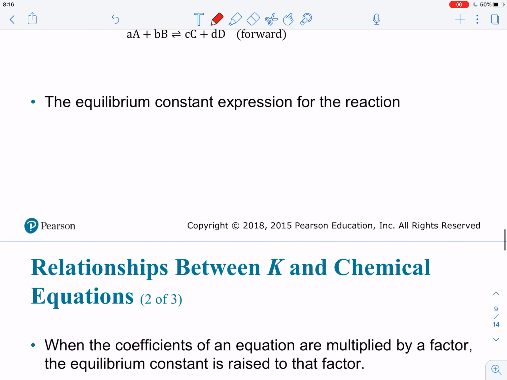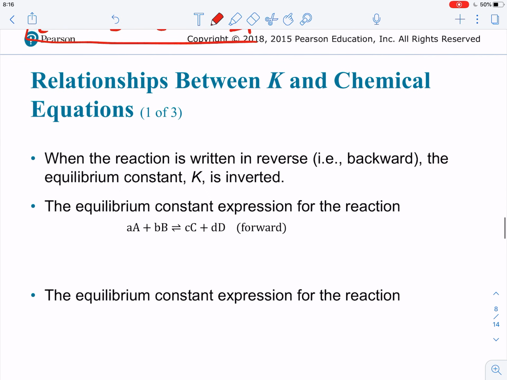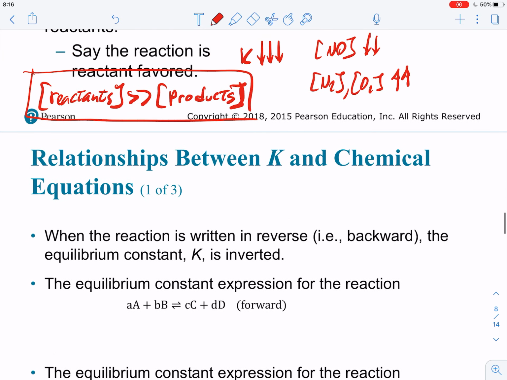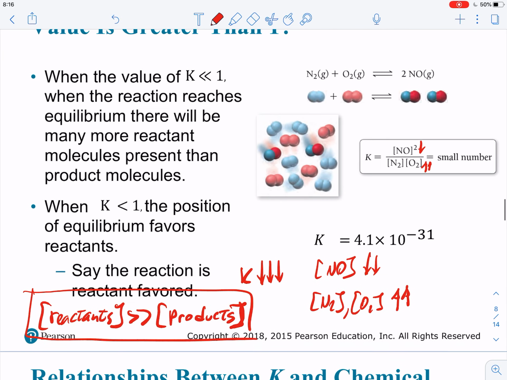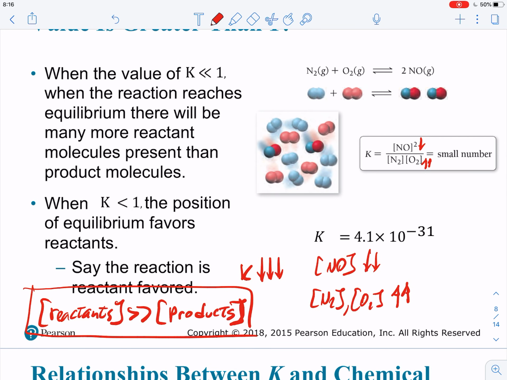Of course, the last case, which was supposed to be here, what happens when K equals 1? It might happen. When K equals 1, then you have about similar concentrations of reactants and products, and you could say you are right down the middle.